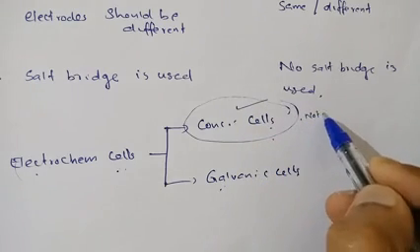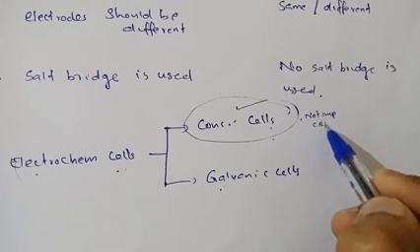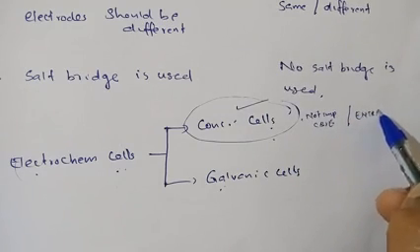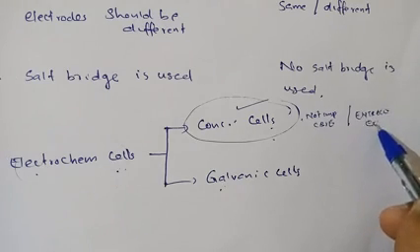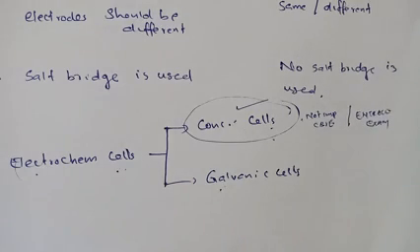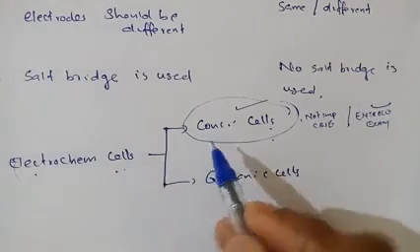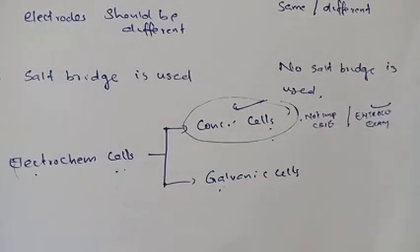It is not important for your CBSE examination, but it is important for your entrance examination. There is only a small difference. I will be discussing this area later. If you study electrochemical cells well, it will be easy for you to study concentration cells.